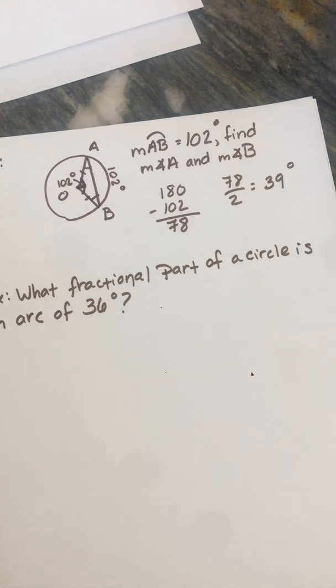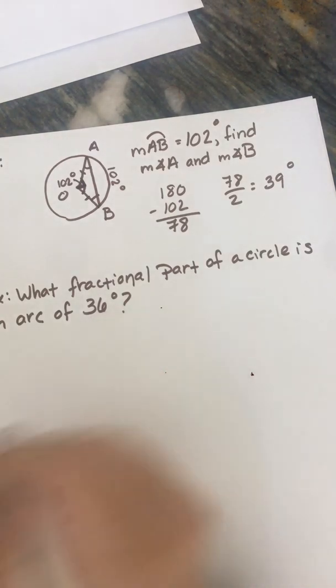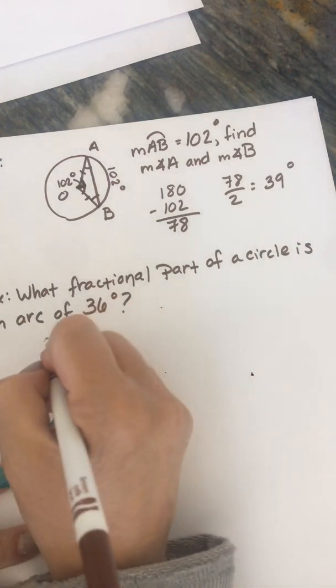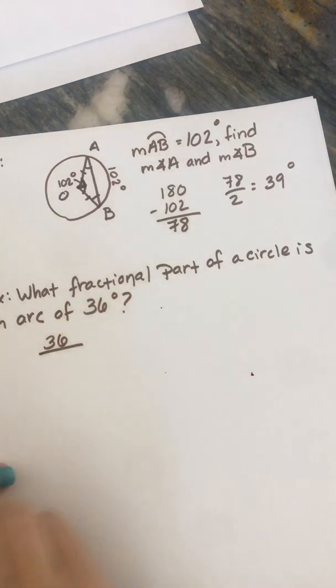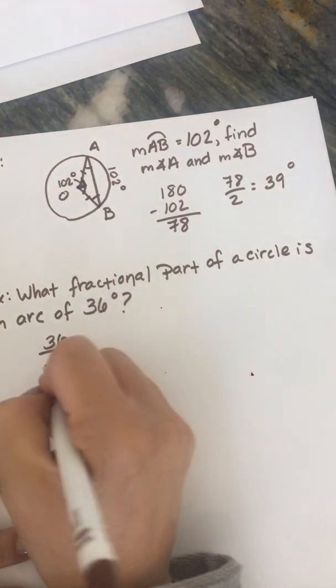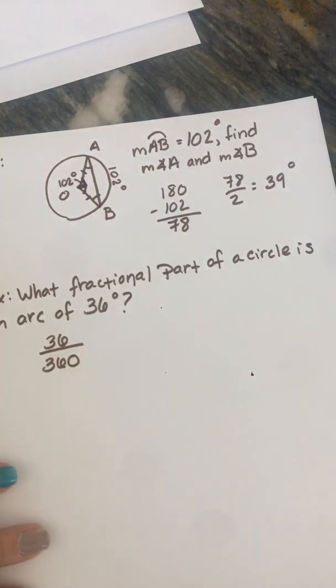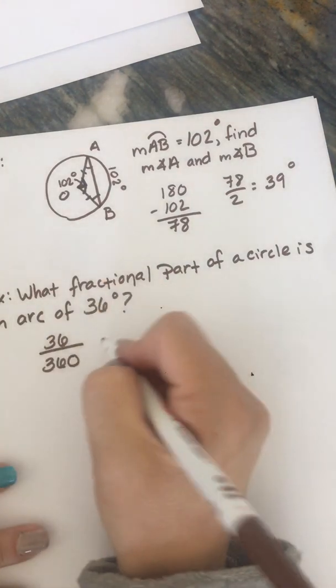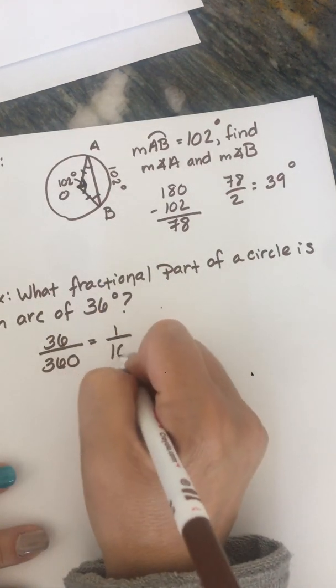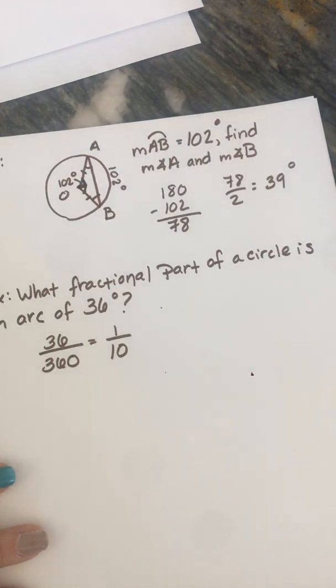So keep in mind, we're talking about degrees. Fractional part is just a ratio. We're comparing two things. We're comparing this part with the whole. So if the part is 36, what's the whole of a circle? 360. So reduce your fraction. Your ratio or your fractional part is 1/10.